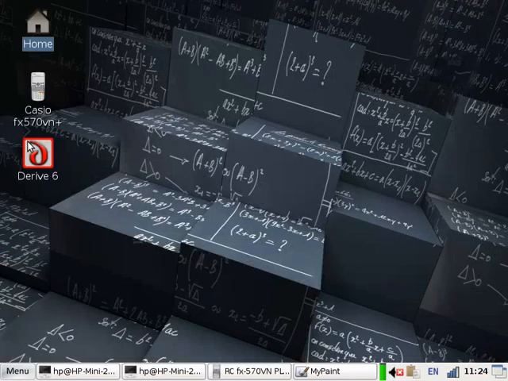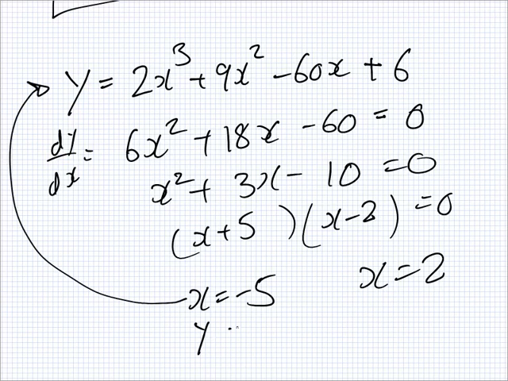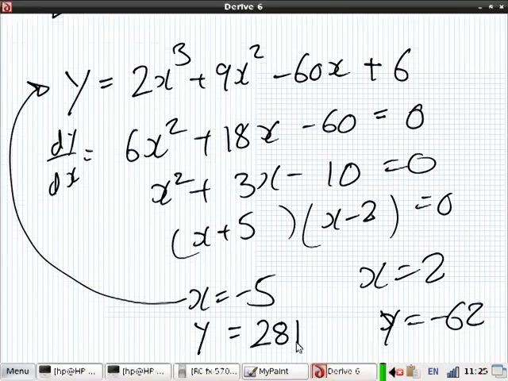Now, let me just have this ready here. Okay, so we have to sub those back in to get the y's. So what do we get here? Minus 62 for the x equals 2, and 281 for the other.